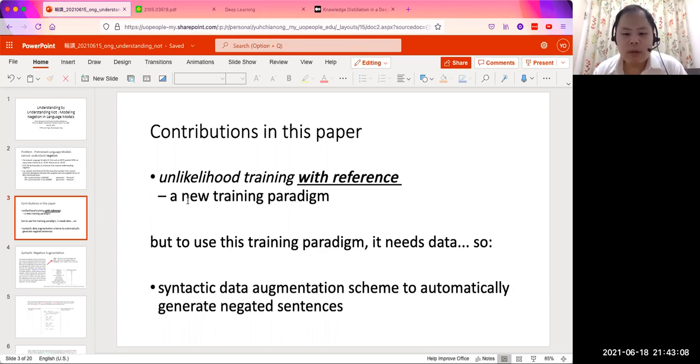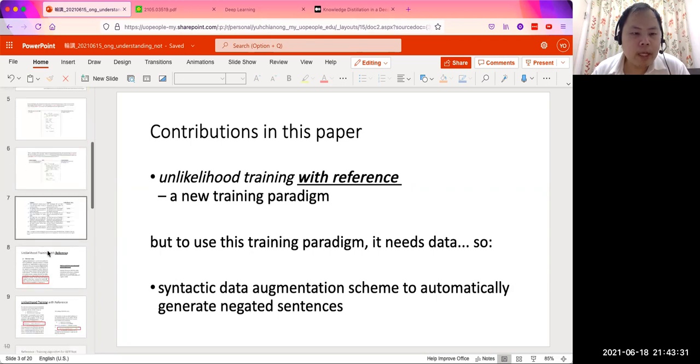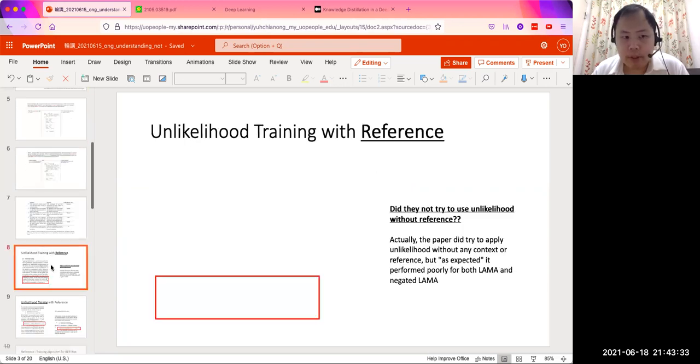How are we going to get a whole parallel corpus of factually correct statements and their negated statements? So this paper also came up with an augmentation scheme to automatically generate negated sentences. We will talk briefly about unlikelihood training with reference first.